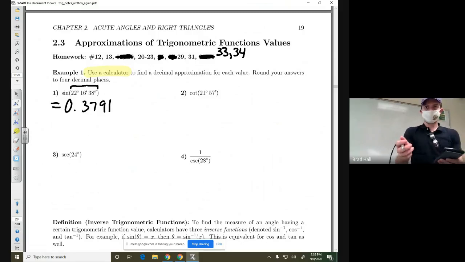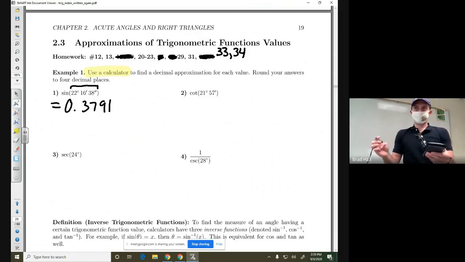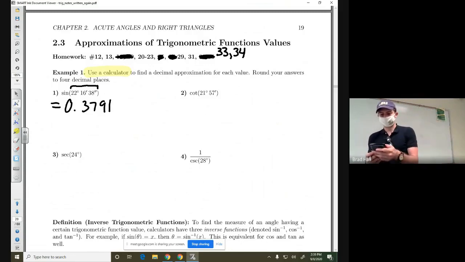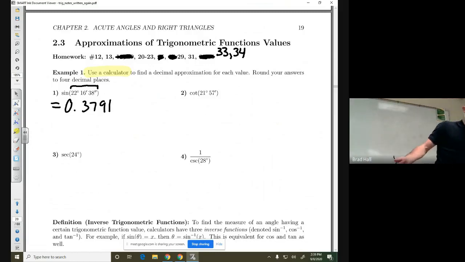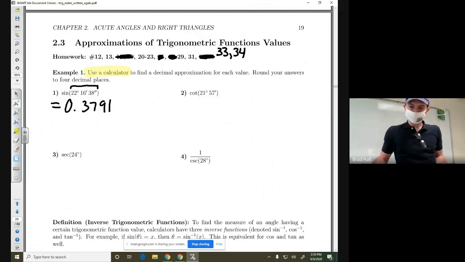Or did you get that? Because in my notes, I'm off by a 10,000th of a decimal place. I probably did it wrong, but. What'd you have? In my notes here, I have 3789. I got 37 on one. Okay, then I'll just ignore what I did there. It's definitely right here. Okay, cool.